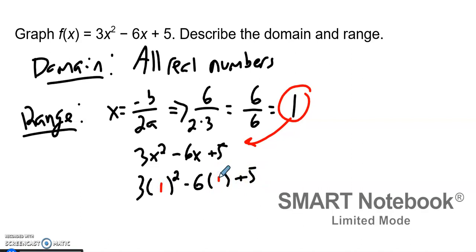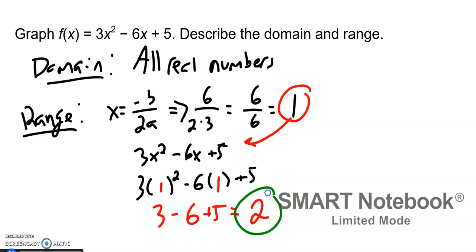We plug 1 in for all of the x values. So 3 times 1 squared minus 6 times 1 plus 5. Well, we get 3 minus 6 plus 5, which is then going to be equal to -3 plus 5, which is +2. So the y value is now 2.